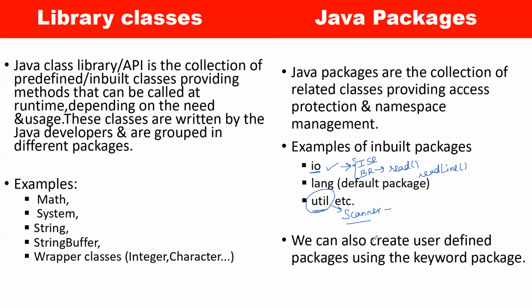But we can also create user defined packages using the keyword package. For example, in the beginning of a program, you write package and the package name, any valid identifier, and then start your class. So your class C1 will get stored in P1.